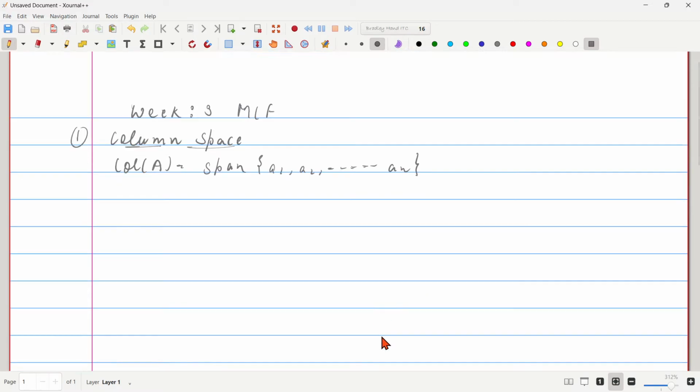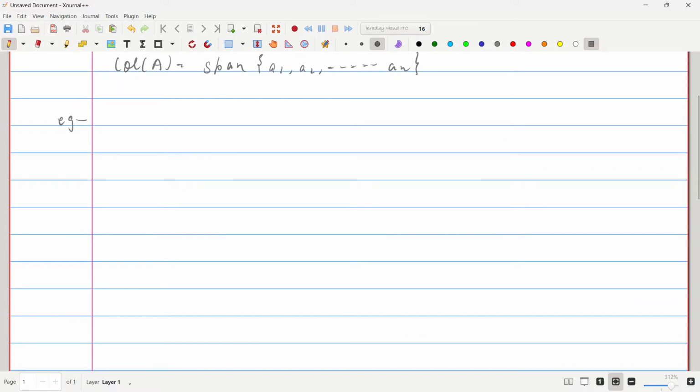If I take an example of column space, suppose you have a matrix A: 1, 2, 3, 4, 5, 6, 7, 8, 9. You want to find the column space of this matrix. The first step is to convert this matrix into REF form.